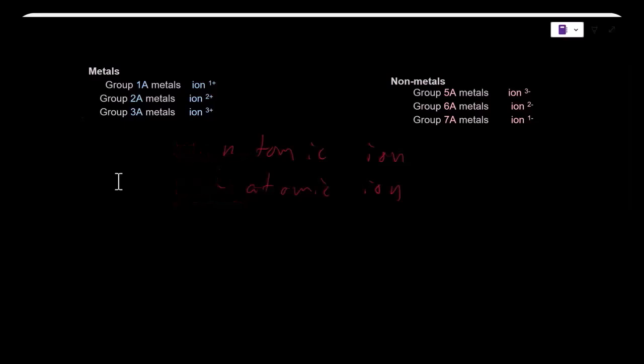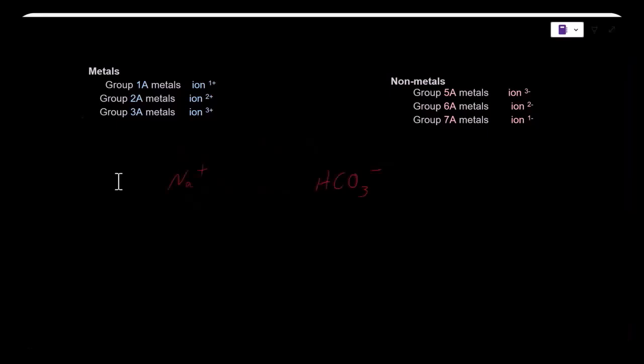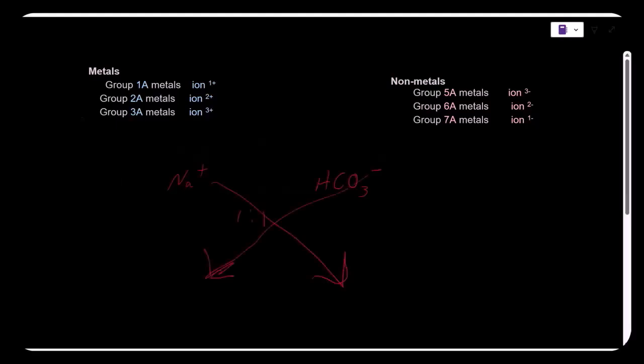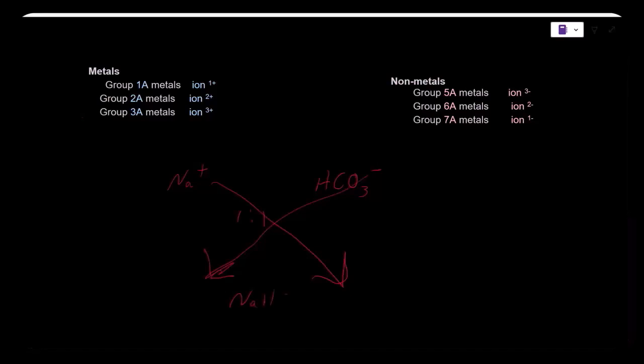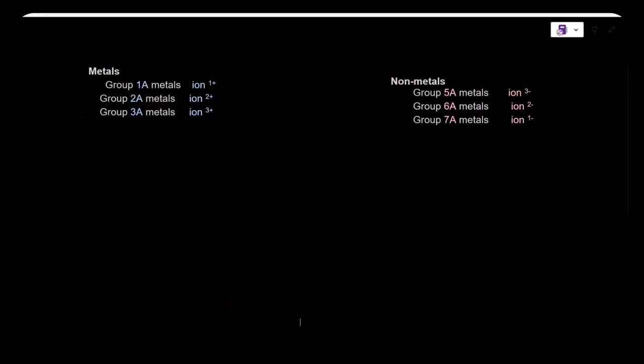So let's look at some polyatomic ionic compounds. So we have the sodium ion and the bicarbonate ion, and these are a 1-to-1 ratio, cancel out very nicely. So it would just be written like this. And I'll show you a polyatomic ion that is not a 1-to-1 ratio, just to show you how the crisscross method would work with that too.